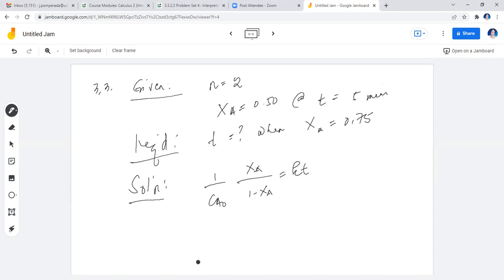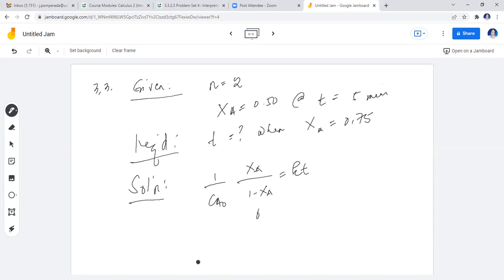Okay, so let's see. The problem did not give you any initial concentration. Whenever a problem does not give you initial concentration, don't panic. It's just a constant, so you can group that together with the K that you have in here. What I mean is this.